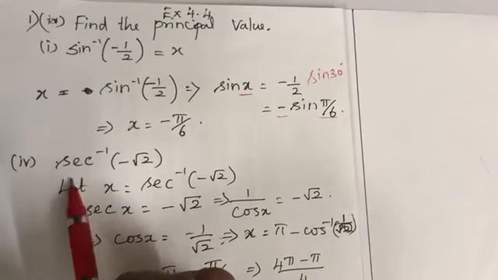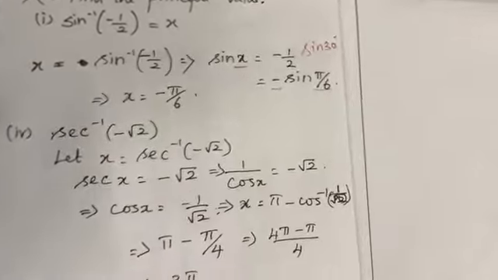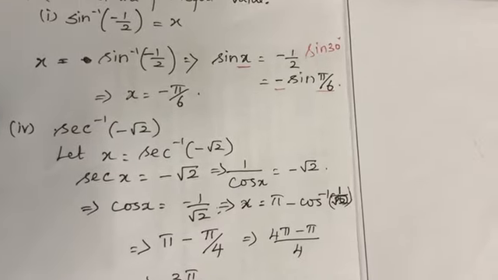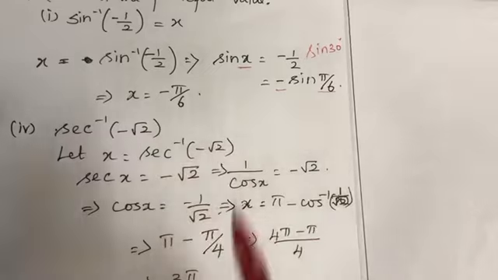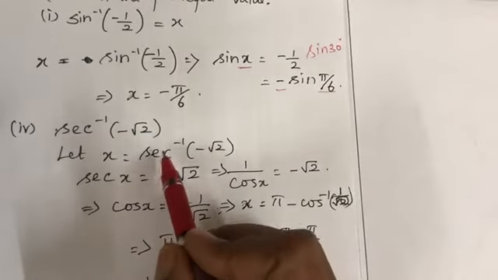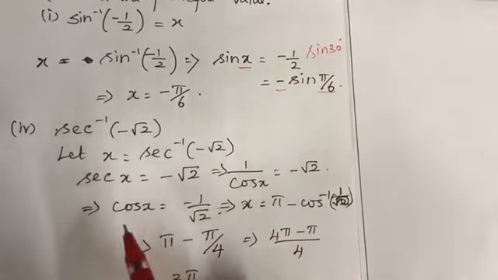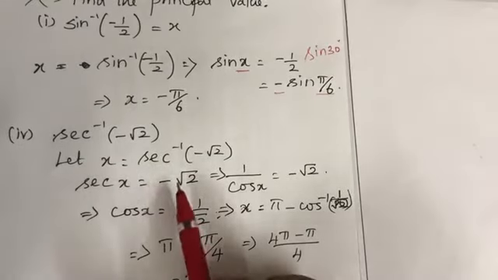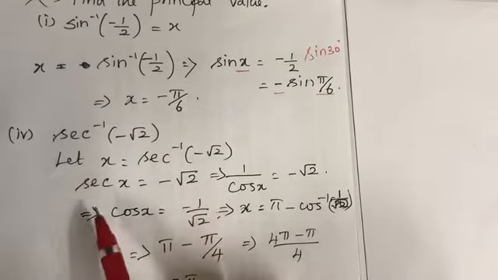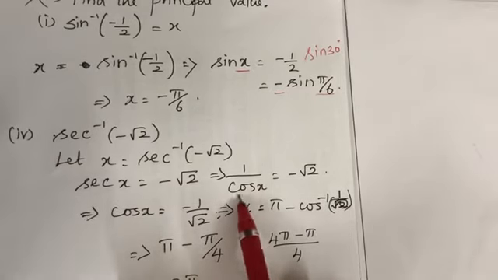Fourth one, secant inverse of minus root 2. Let x be equal to secant inverse of minus root 2. So, secant, while coming to this side, it will become secant x. So, secant x is equal to minus root 2. We can write secant as 1 by cos x.